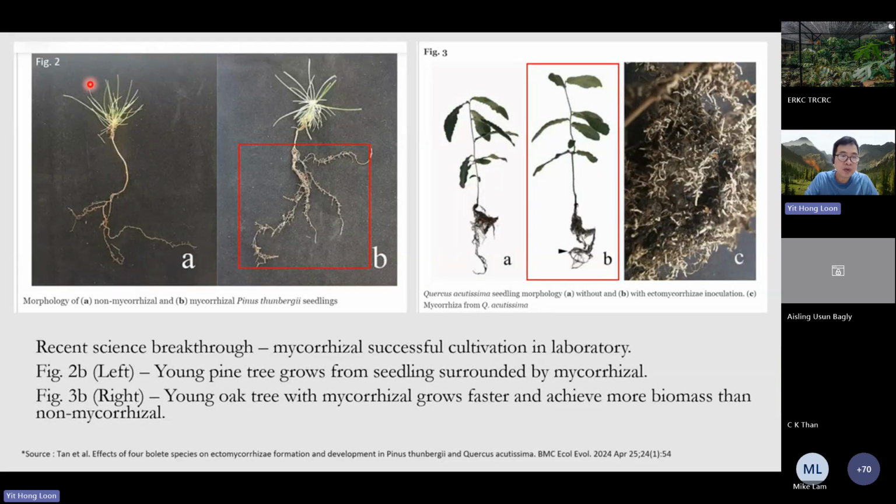So this is a young tree root without the mycorrhizal, and this is a young tree with the mycorrhizal. They also discovered that a tree with the mycorrhizal can grow faster and healthier compared to a tree without the mycorrhizal.